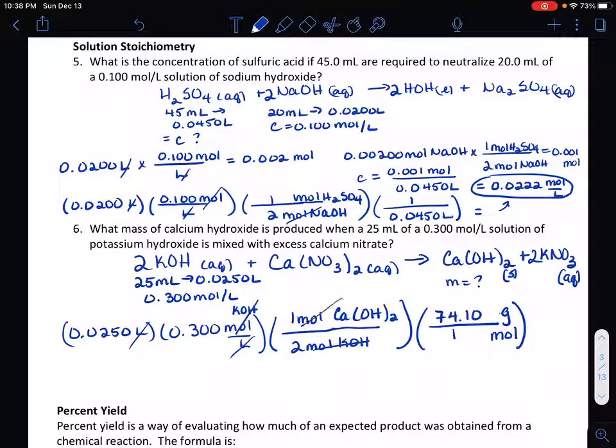Okay? So my moles of calcium hydroxide cancel out and I'm left with grams. At this point, I place it all in my calculator, and this turns out to be 0.28 grams of calcium hydroxide is produced.